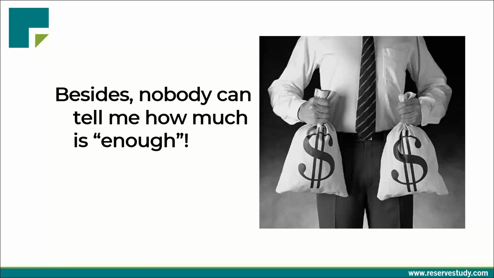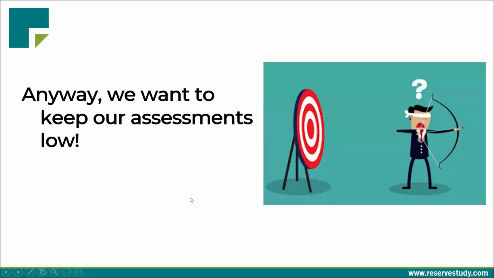But we know that one of the things in associations that we try to avoid at all costs is surprises. These are budget-driven entities, and you want them to continually, gradually grow, but without having any big dips or spikes. Nobody has a crystal ball, so we don't really know exactly how much we need, but that's not an excuse. That's why we have reserve specialists.